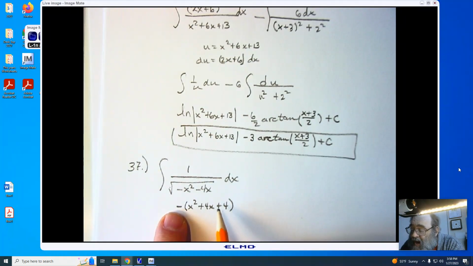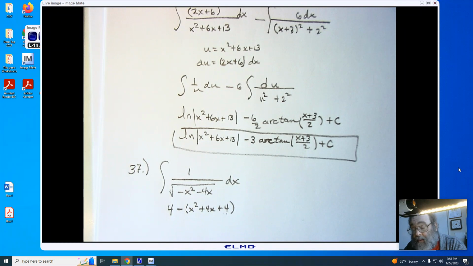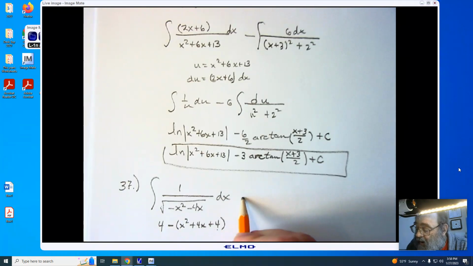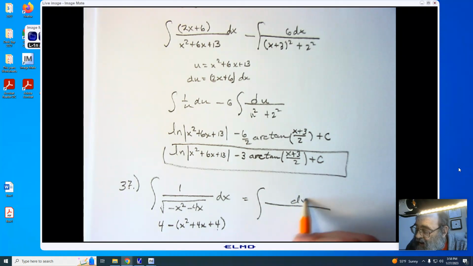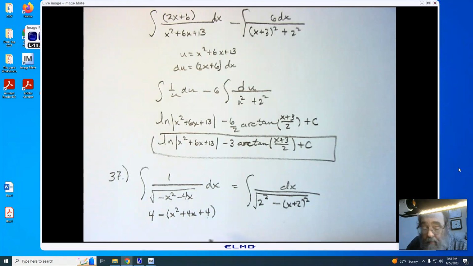That negative outside means that I actually subtracted 4, and I want to make sure that I add 4. You'll notice I now can look at what I've got. The integration, I have my dx up top, I have 2 squared, and it's the square root of 2 squared minus x plus 2, the quantity squared. And you'll notice that this is an arc sine problem.